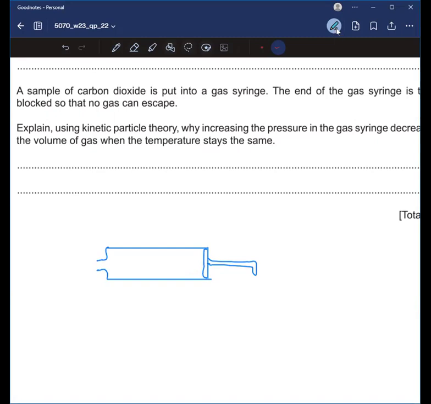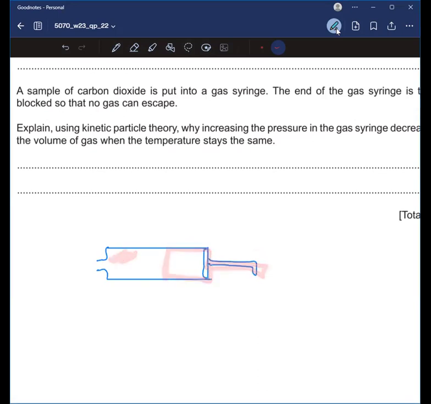I just cover it with this, which means that the plunger is now here like this. Okay. So yeah, what will happen? Let's assume that the plunger is here.